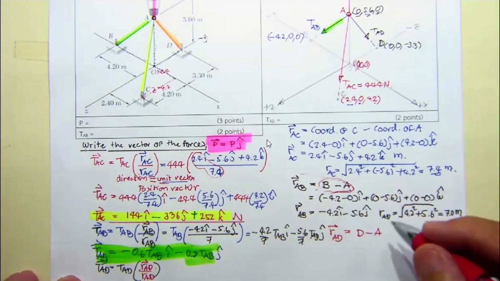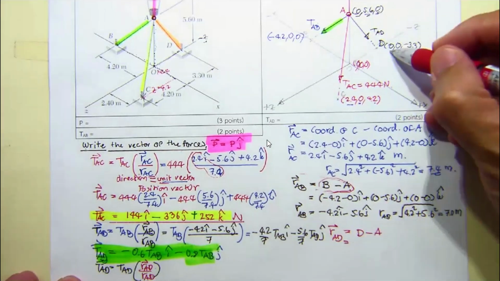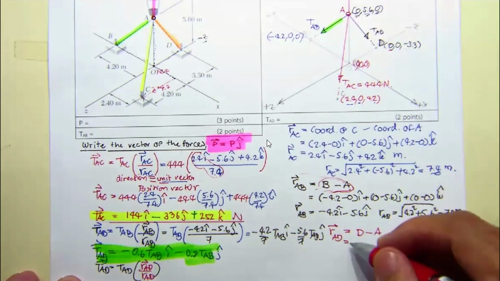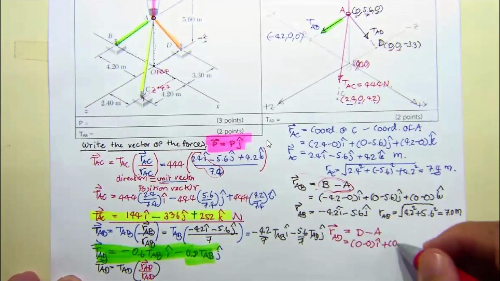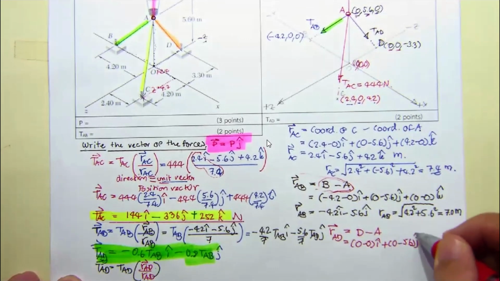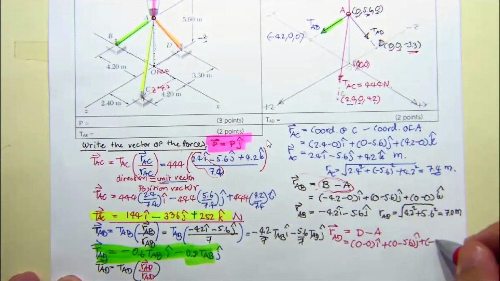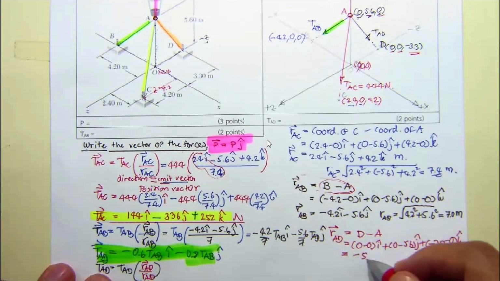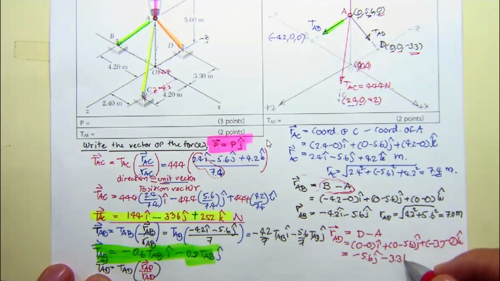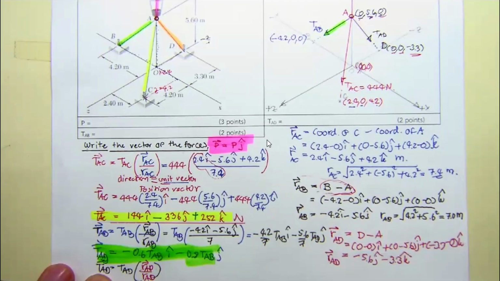Okay, so it's going to be put together D minus A. So 0 minus 0 I, then 0 minus 5.6 J, and then plus 3.3 minus 0 K. So we have this one to be minus 5.6 J, and another one, minus 3.3 K. Okay, that's going to be the position vector AD.